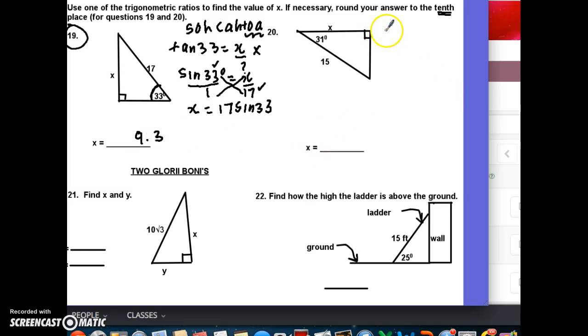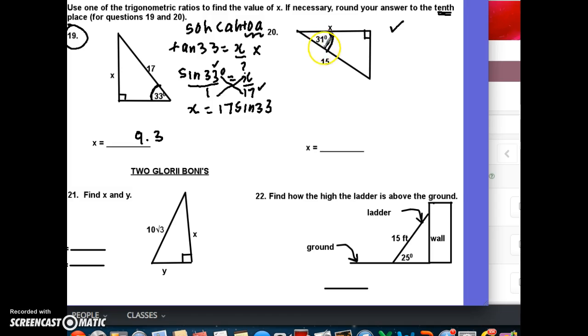How about if you do this one right here? Maybe I'll help you to set this one up. Here again, it's going to be either the sine, cosine, or the tan of the angle. And we want to relate the x and the 15 to that tan, cosine, or sine. So what do you think? I see this length here is adjacent to the angle. So I'm thinking that maybe cosine or tan would work. I'm leaning towards cosine, because cosine is adjacent over hypotenuse.